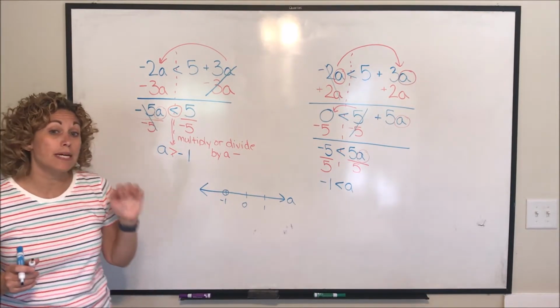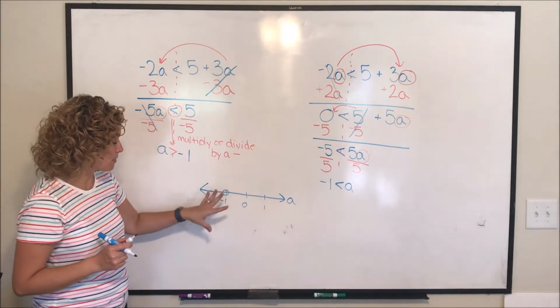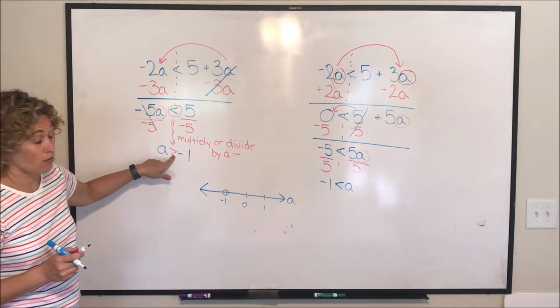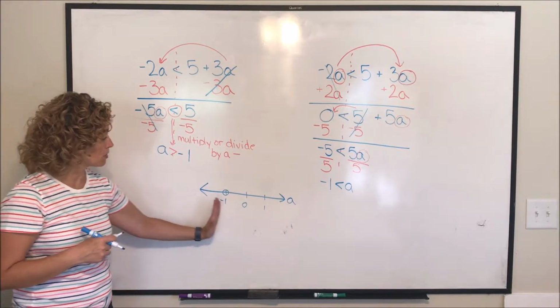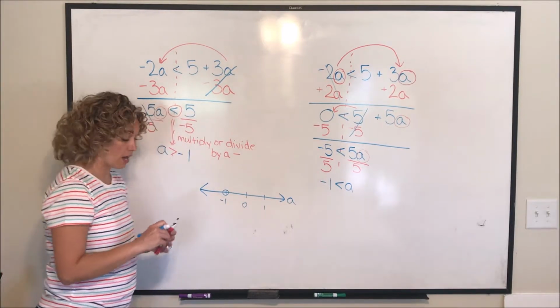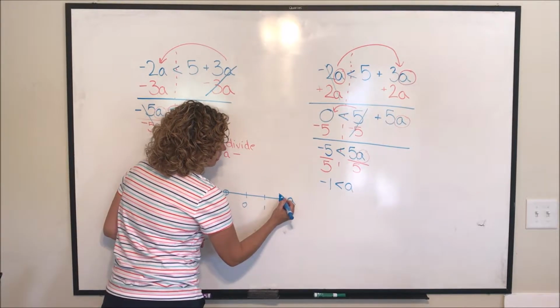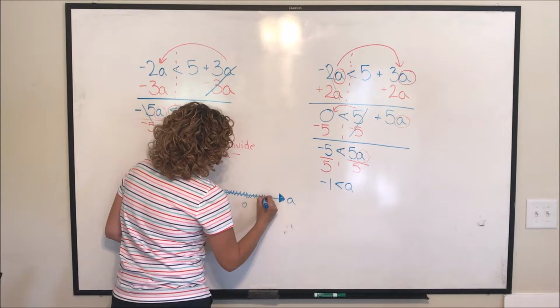You don't color it in because it does not equal -1 at that point, but it does have something to do with -1. Now, our a is bigger than -1. If I go to the left, I have smaller numbers. If I go to the right, I have more positive numbers, bigger numbers. So we're going to go to the right. Again, we color in our arrow and we color in our number line.